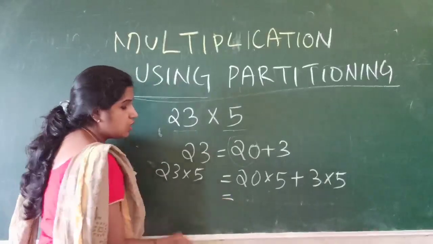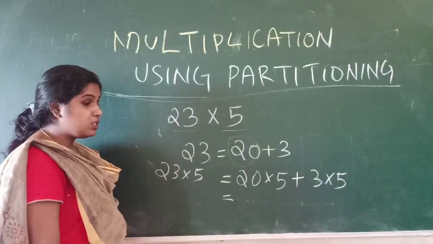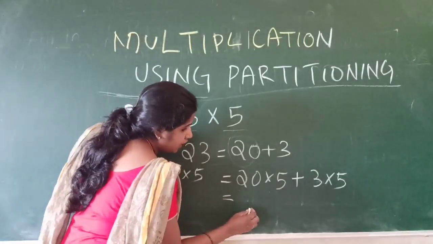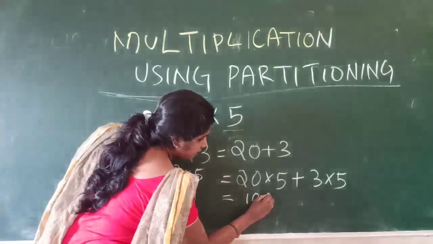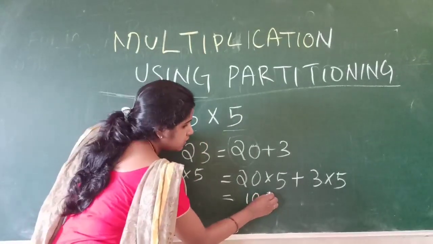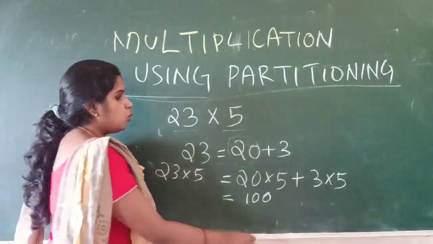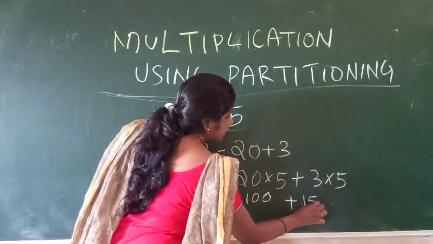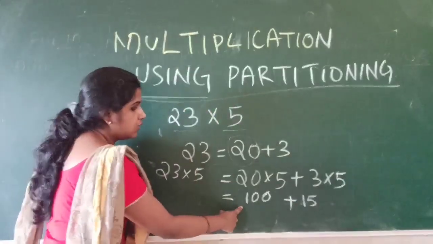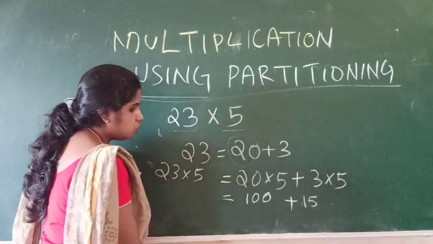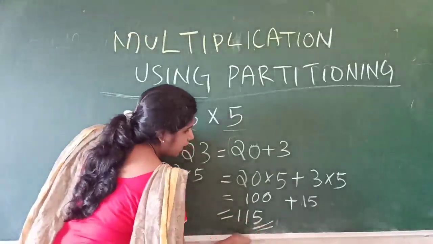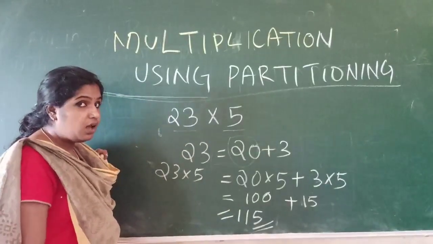What is 20 into 5? Yes, 20 into 5 is 100. Then what is 3 into 5? It is 15. So 100 plus 15 equals 115. 115 is the answer.